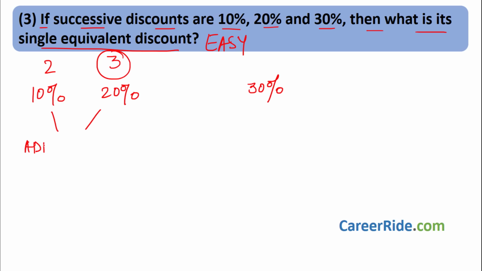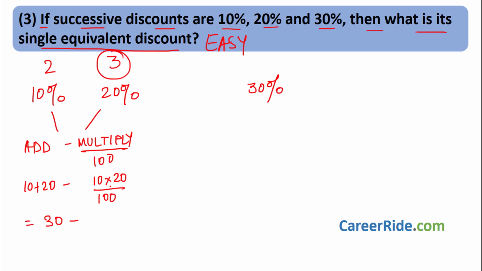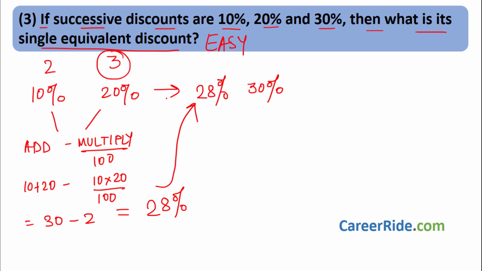Equivalent discount is add minus multiply upon 100. What do we get? 10 plus 20 minus 10 into 20 upon 100. 30 minus 200 upon 100, that is 2. We get 28%. Equivalent discount of these two is 28%. Now take the third discount and find the equivalent.